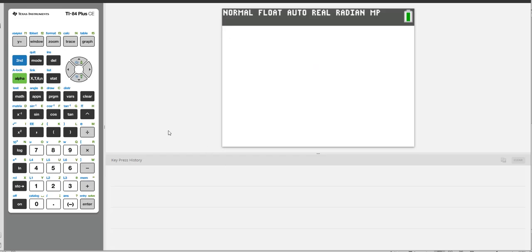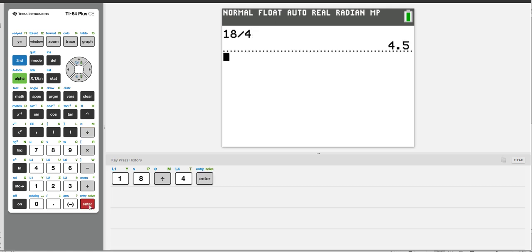Now let's simplify the square root of 18. Type in 18 divided by 4 and press enter. 4.5 is a decimal number. We need whole numbers, therefore 4 is not a factor of 18. Type in 18 divided by 9.